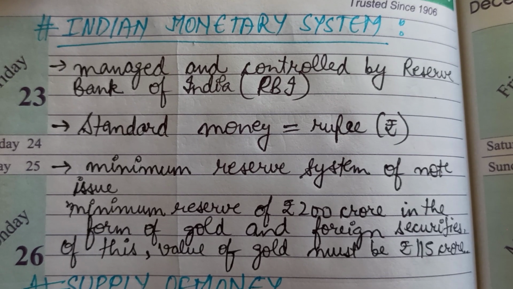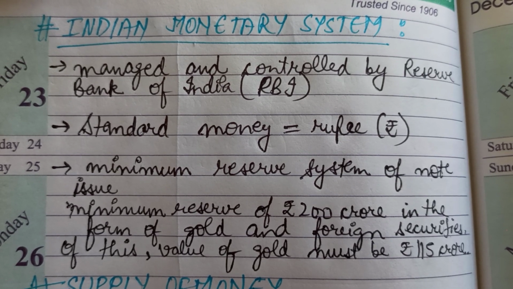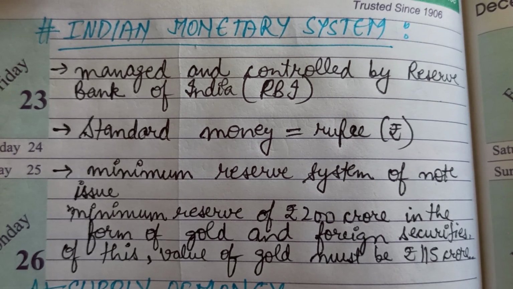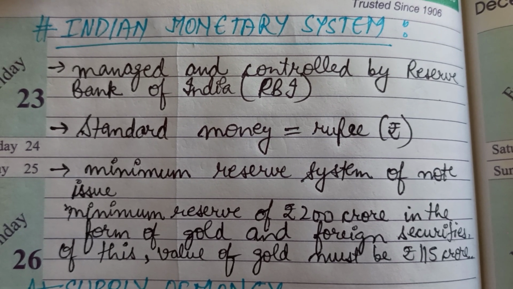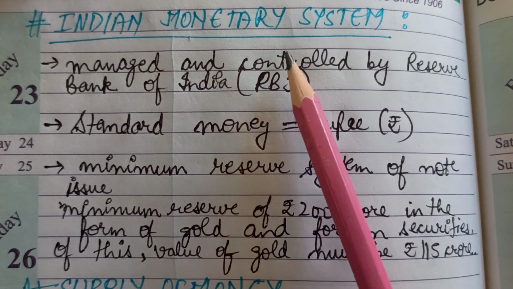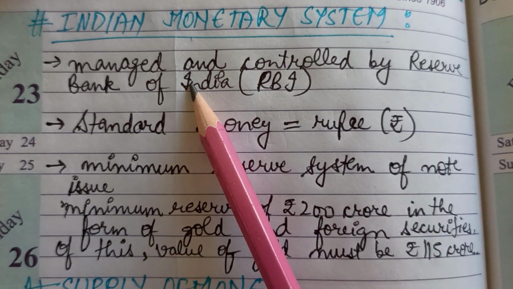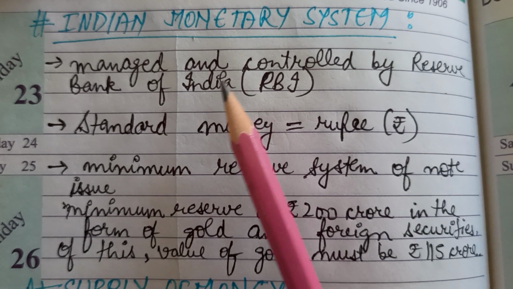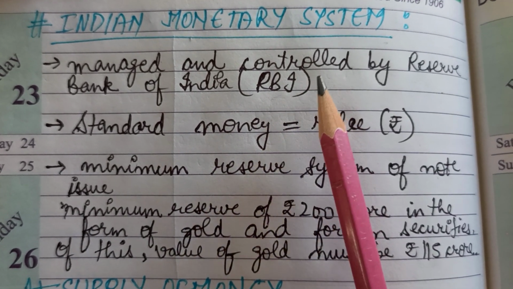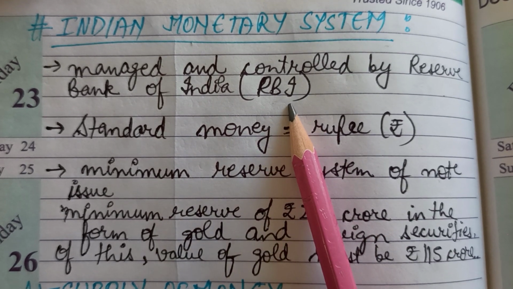The next topic, which is of general reference to you, is the Indian monetary system, which will explain what kind of money system is followed in India. You must know that the Indian monetary system is managed and controlled by the Reserve Bank of India, or RBI, which is our central bank.